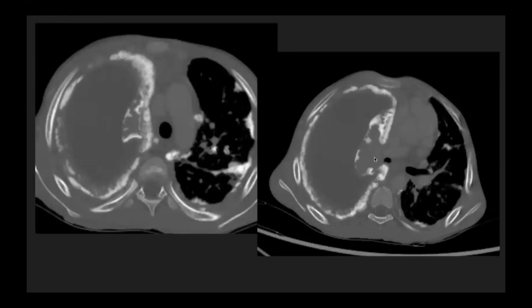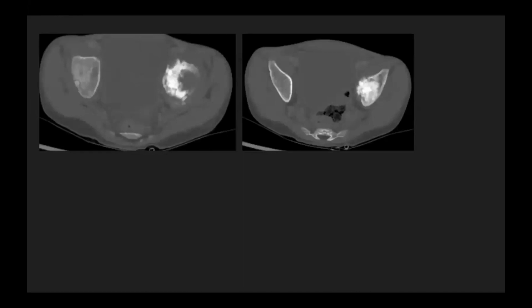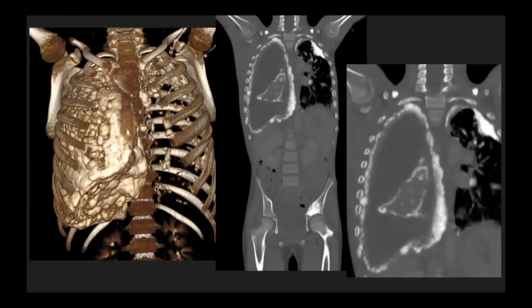In reality, the number of pleural lesions is far more than the pulmonary lesions in this child. And the history was that there was an already known tumor: osteosarcoma of the left acetabulum. And this is the volume rendered image of the chest, which shows that almost the entire right hemithorax has turned into a stone.